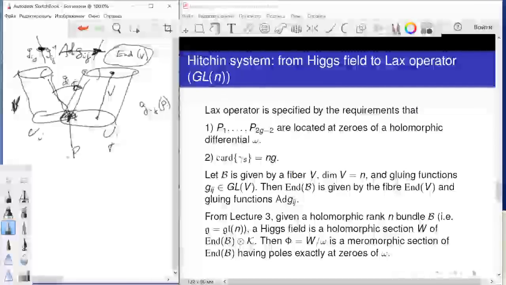The holomorphic bundle obtained this way is called End B, the bundle of endomorphisms of the holomorphic bundle B.